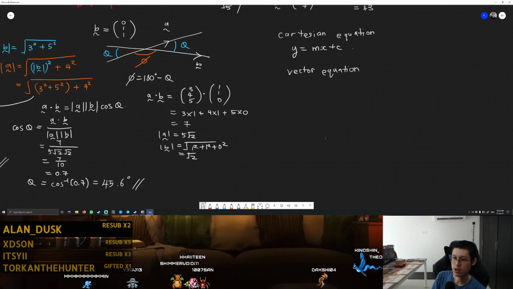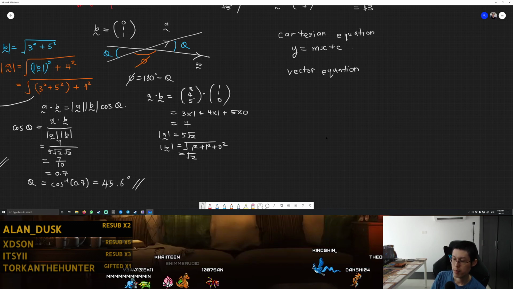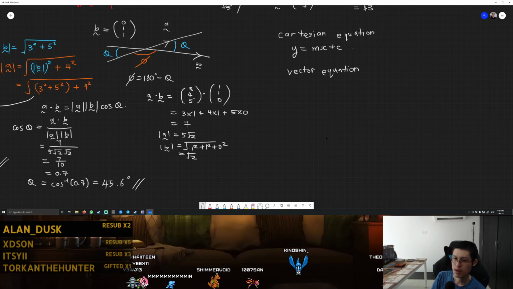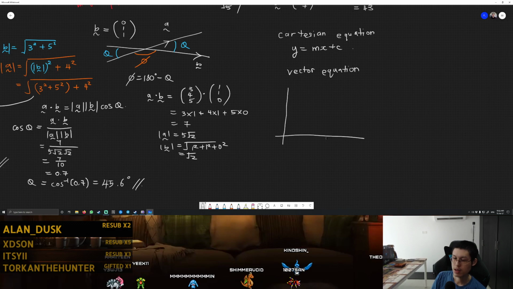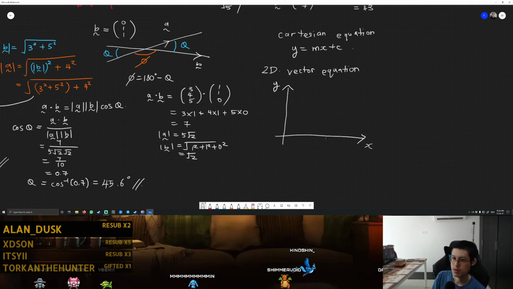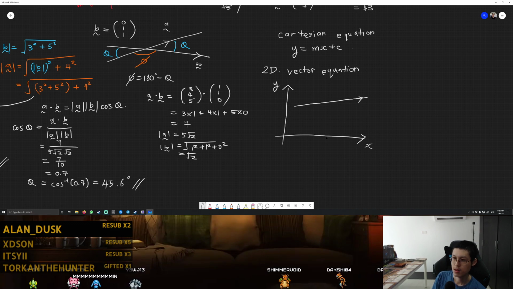So for a two-dimensional plane, let's say I have a two-dimensional plane like this, and I have a line that looks like that. This line passes through 2 points.